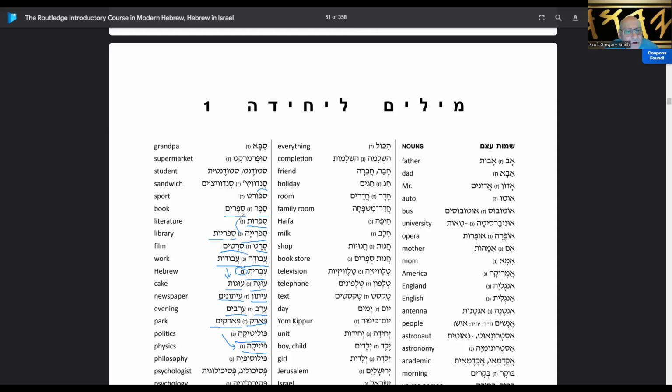Notice this nun, and this zayin. Basically it's giving you the gender, either masculine or feminine. I think that these nuns stand for nekeva, which is feminine.